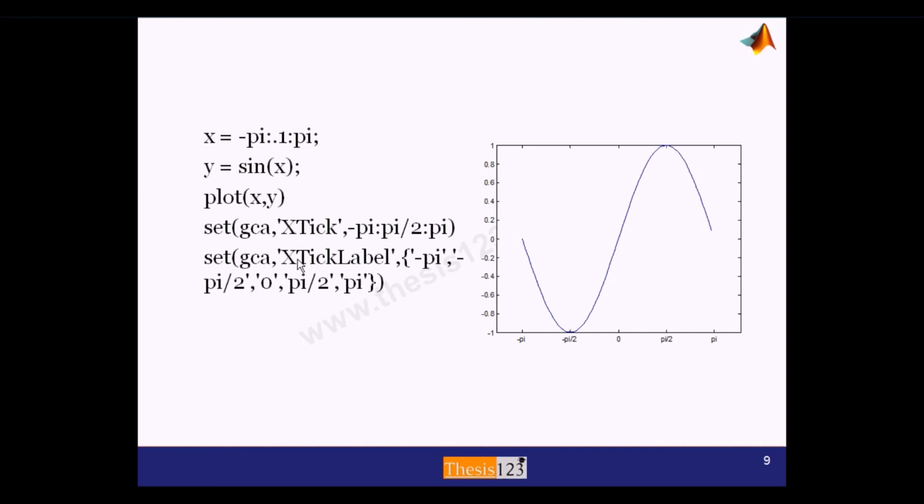So you tick the x labels with minus pi, minus pi by 2, 0, pi by 2, and pi. So like this we can use the Greek letters. We can also use superscripts and subscripts in the MATLAB plot itself.